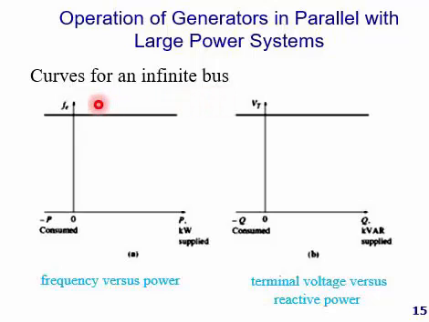In the frequency versus power diagram, the frequency is the same and does not change with the effect of the generators. Similarly, the terminal voltage is also constant.